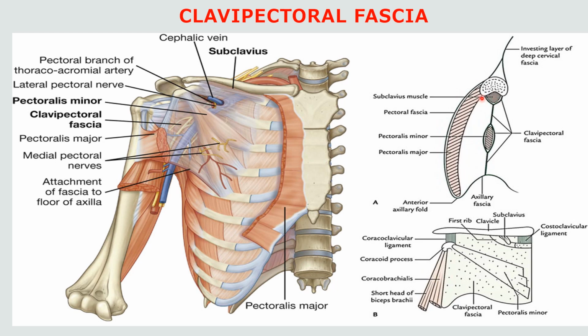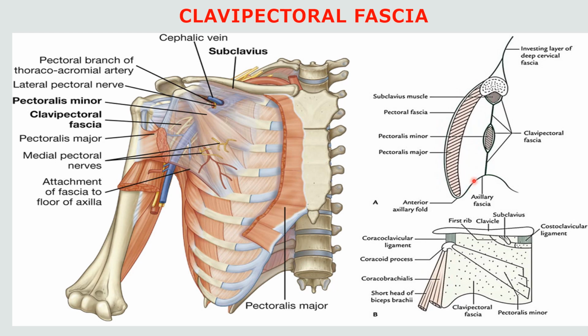As you can see, this is the subclavian groove and the subclavius muscle. The posterior layer blends with the axillary fascia, or you can say with the axillary sheath.